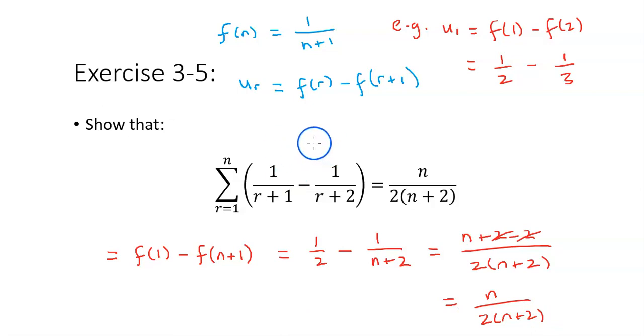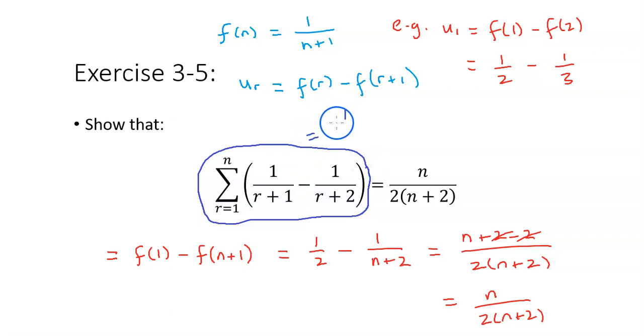By the way, when you're doing this in the exam, you don't have to go through this whole process of defining some function f and then writing u_r terms like this if you don't want to. It's perfectly okay to start writing out the terms and then looking for cancellation that way. So if you got this question in your exam, I doubt you'll get a question that easy, but suppose you did. If you wrote the working out just like this, 1 over 2 minus 1 over 3, and then for r equals 2, it will be plus 1 over 3 minus 1 over 4.